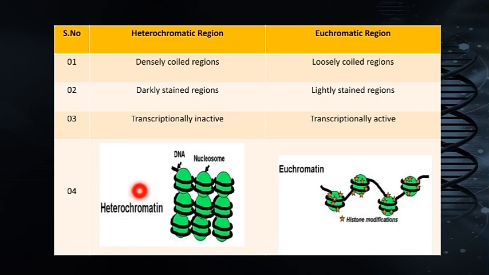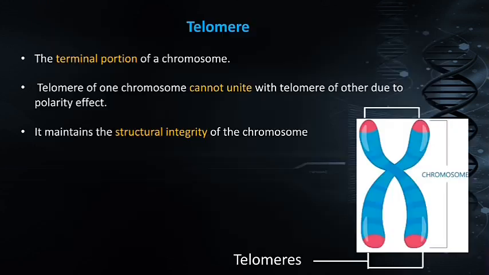In the diagram we can see the compactly coiled nucleosomes or DNA molecules in the heterochromatic region, which makes them transcriptionally inactive, whereas we can see the loosely coiled nucleosomes or DNA molecules in the euchromatic region, which makes them transcriptionally active.